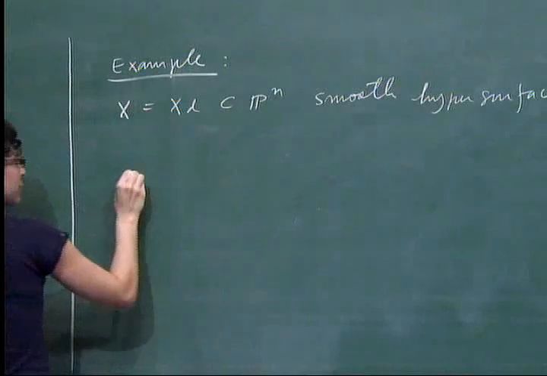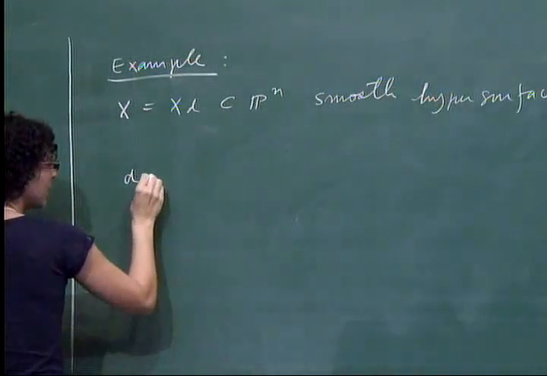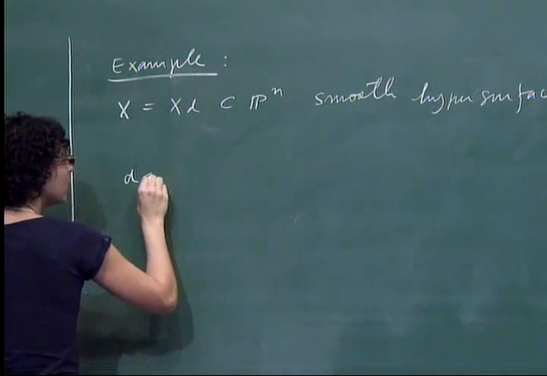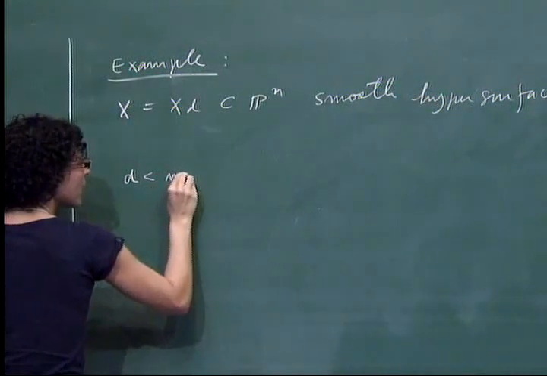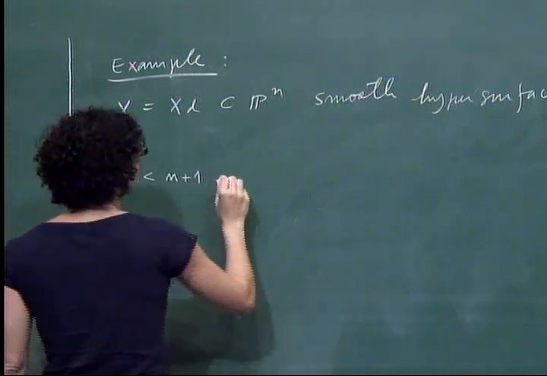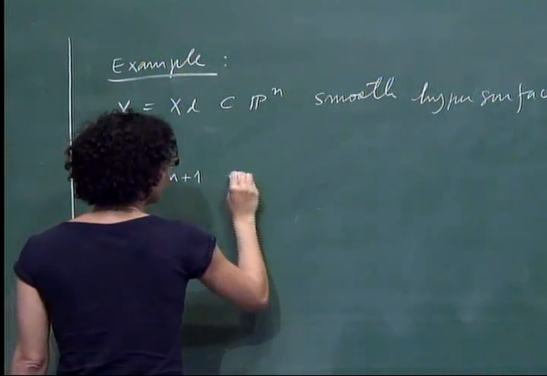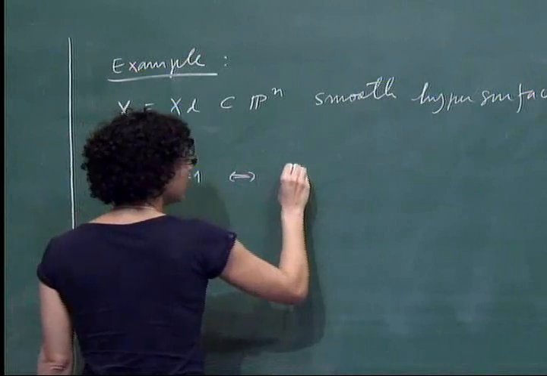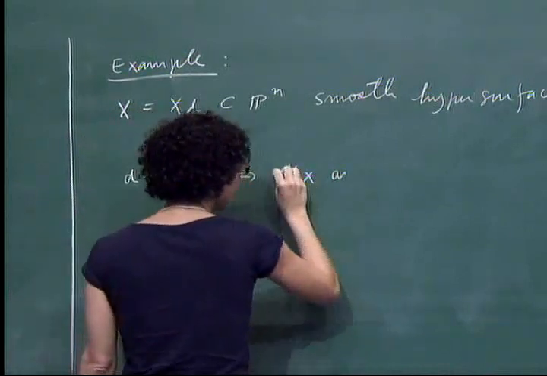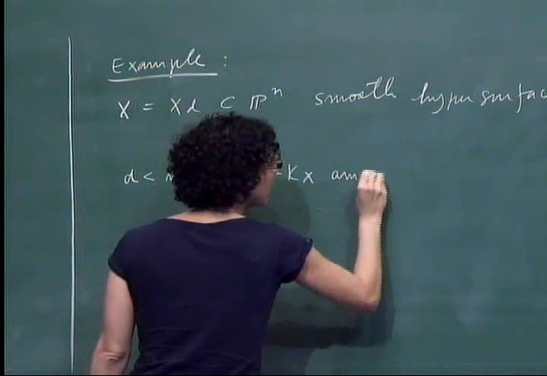So we've seen that if D is less than n plus 1, then Kx is ample, minus Kx is ample.